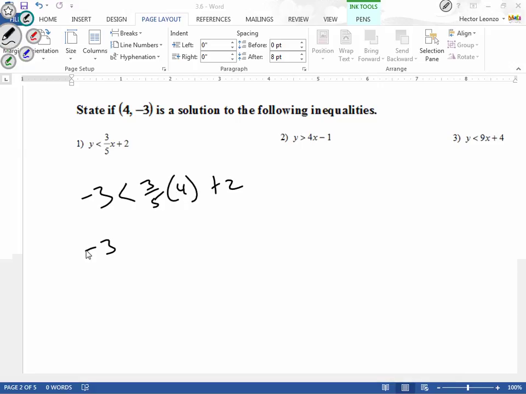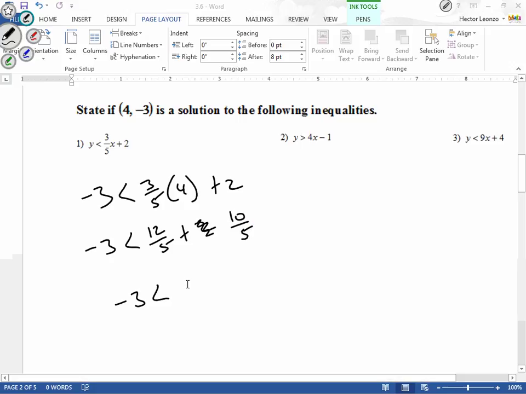So I have negative 3 is less than 12/5 plus 2. My 2, I'm going to change to a fraction with a 5 at the bottom. Since the whole thing is 2, I go 2 times 5 is 10. So I have that negative 3 is less than 22 over 5. Now this is a true statement, so I'm going to say yes.